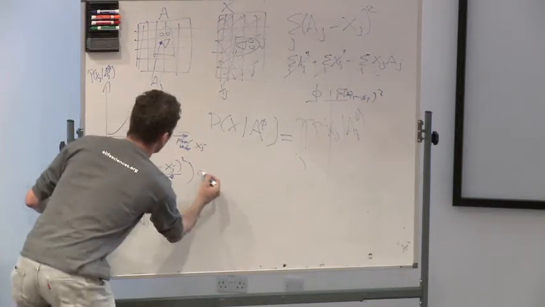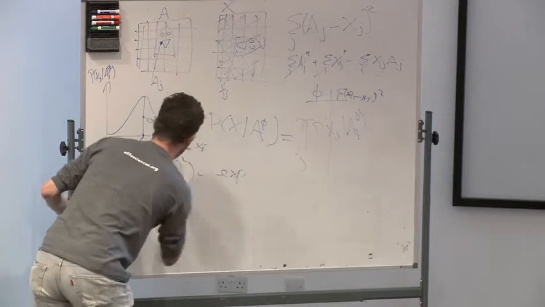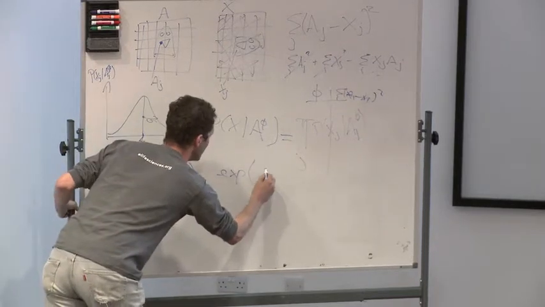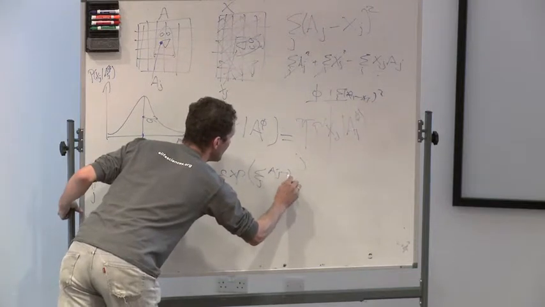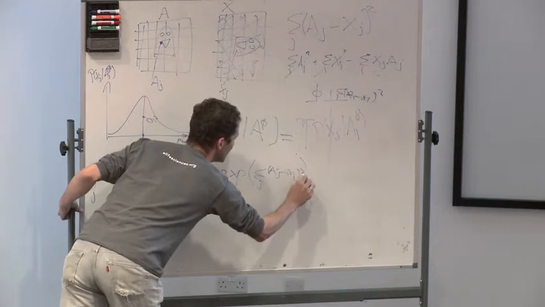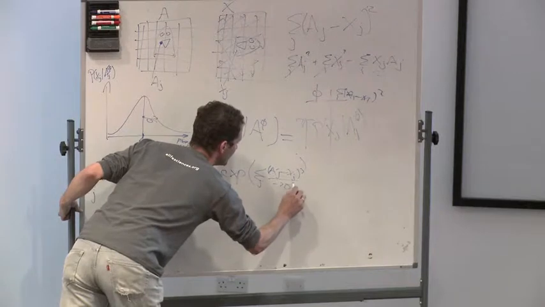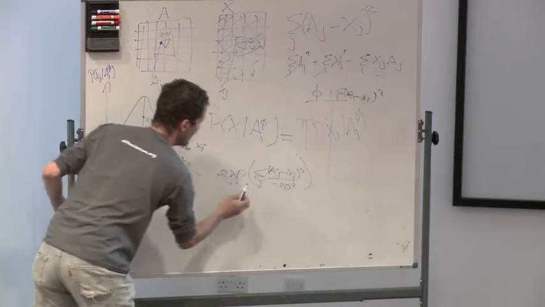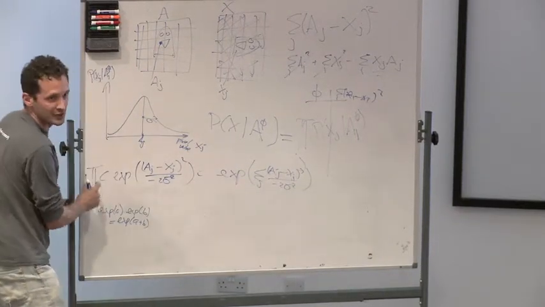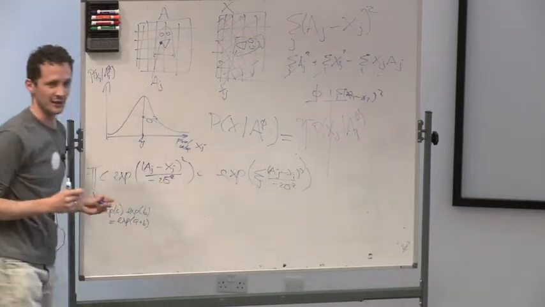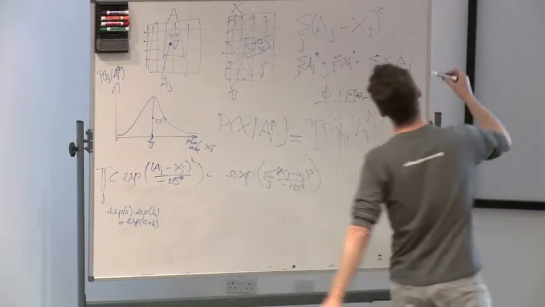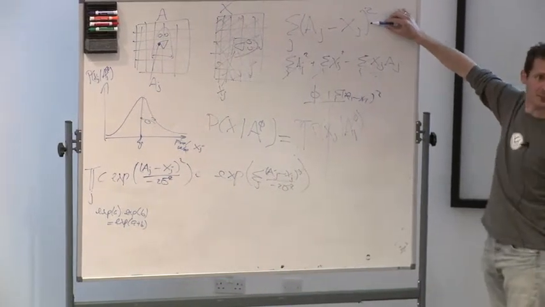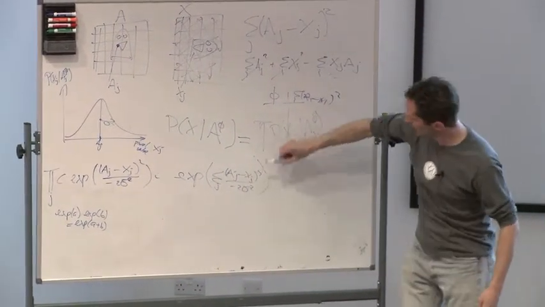Okay, so you can rewrite this to something with some different constant, and then there is a summation over pixels j, aj minus xj squared divided by minus 2 sigma squared. Okay, where this multiplication outside has become a summation inside. Okay, now you can recognize that's again the same thing that we had here is now here, okay?